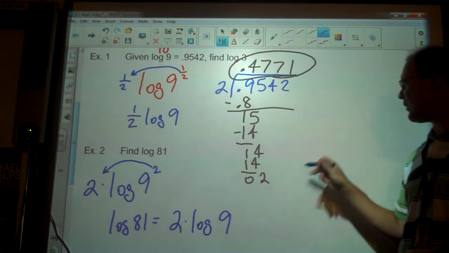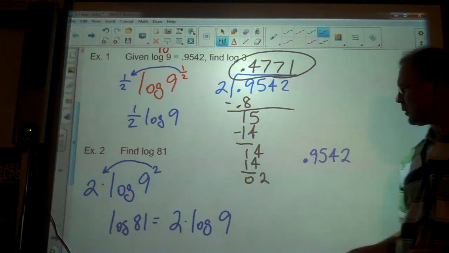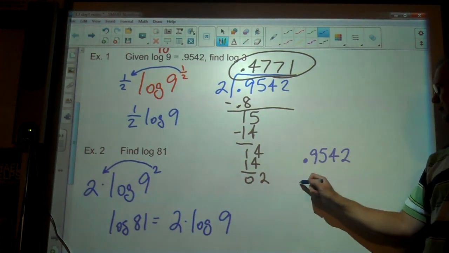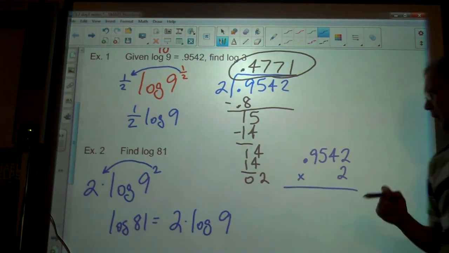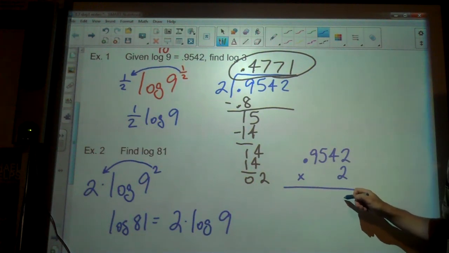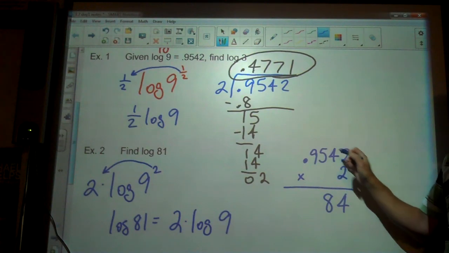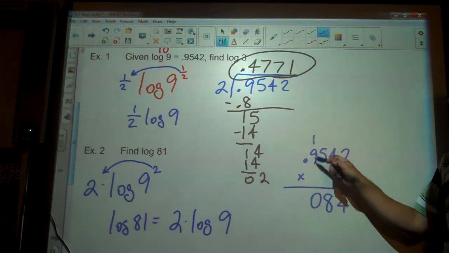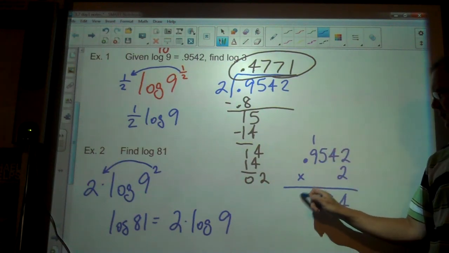So take your log of 9 there, 0.9542. And now you're multiplying that number by 2. 2 times 2 is 4, 2 times 4 is 8, 2 times 5 is 10, put down the 0, carry the 1. 9 times 2 is 18, plus 1 is 19.